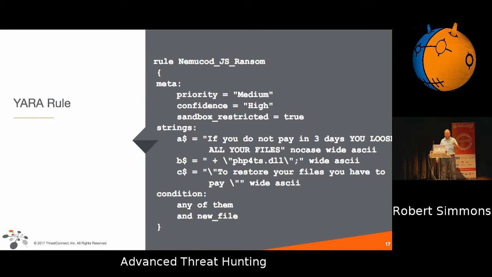Many automated malware analysis systems can only handle certain file types, and then there are other file types that you might be hunting for that you would never want to sandbox. Like you would never want to send a CSV file or a text file to a sandbox. That would waste the resources there. So you can apply sandbox restriction to the rules.